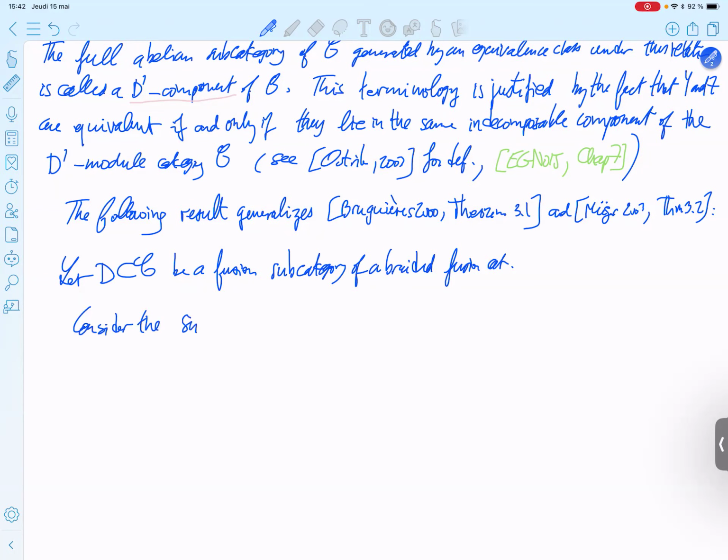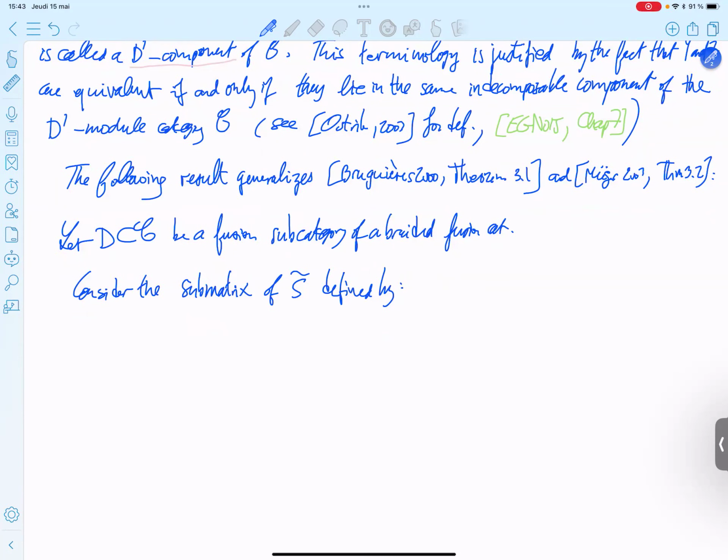Consider the submatrix of S-tilde defined as follows. So you only consider, so you have row and column, and you truncate, so for the column, you take everything, but for the row, you truncate to the simple objects of D. So a submatrix indexed by D.